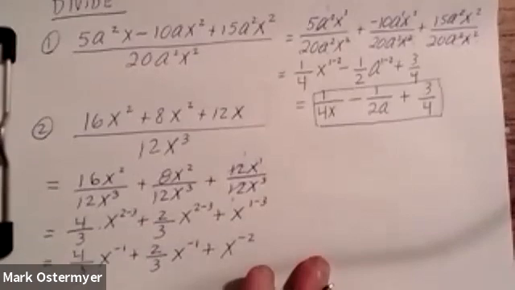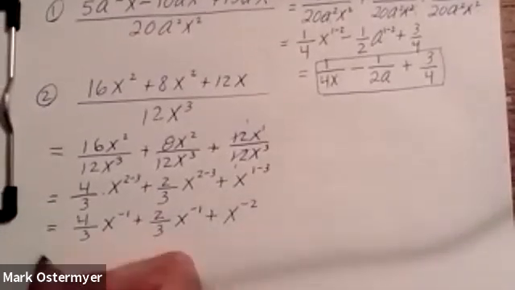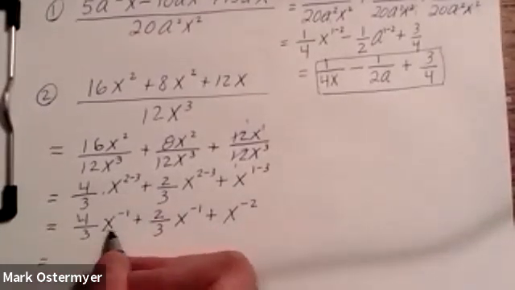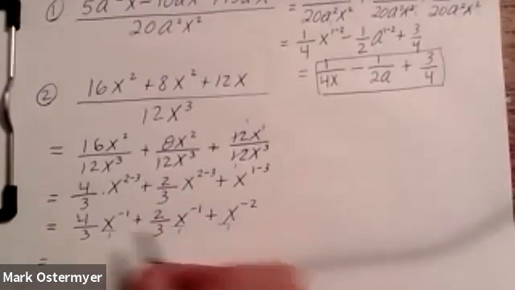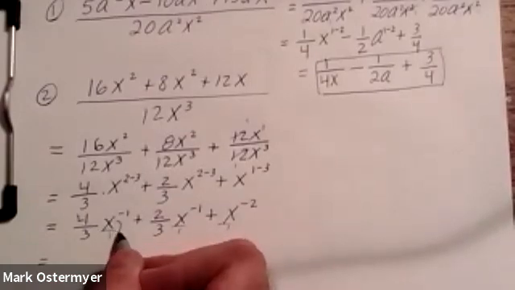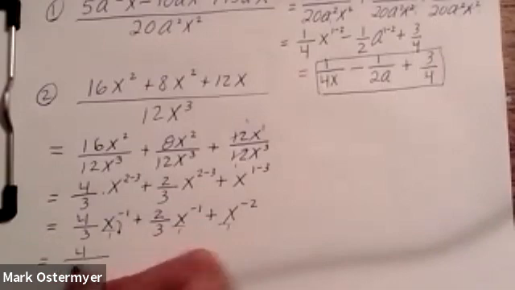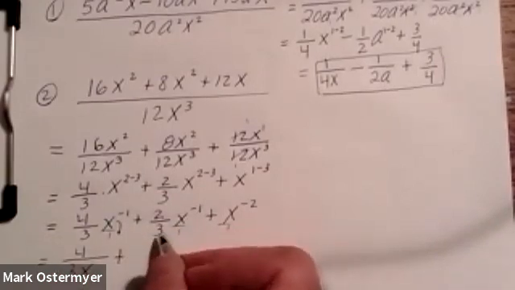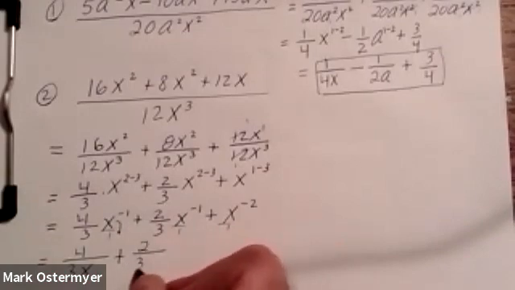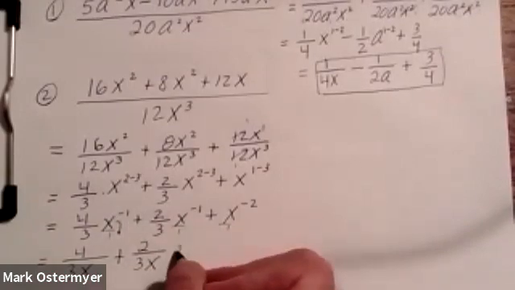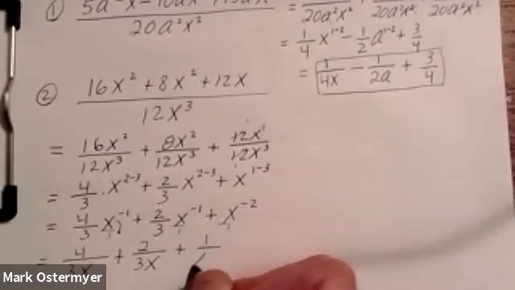Don't want to leave any negative exponents appearing in any final answers. And so this sits over 1, this sits over 1, this sits over 1. So we reciprocate the x down into the denominator. And this will be 4 over 3 times x. X comes down and joins the 3 down here, plus 2 over 3 times x, plus 1 over x squared.